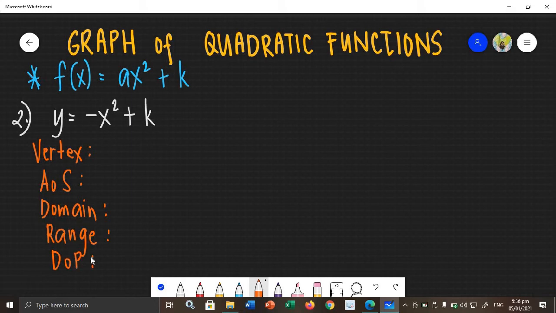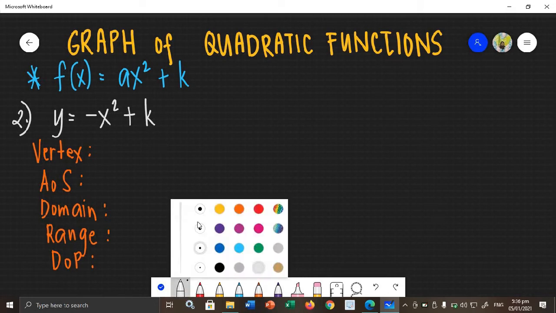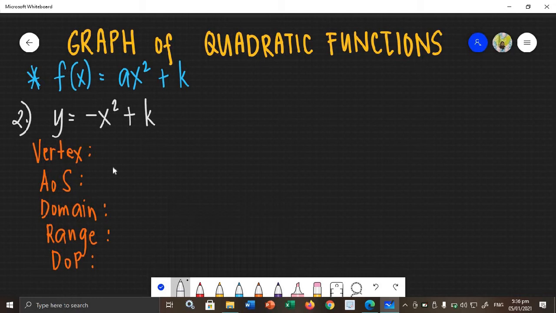Pero dito sa atin, dito ko na lang sinusulat kasi mahirap magsulat dun sa Cartesian plane. So ang vertex nitong example natin is at 0, 3. No? Yung h natin in this form of quadratic function is always 0.